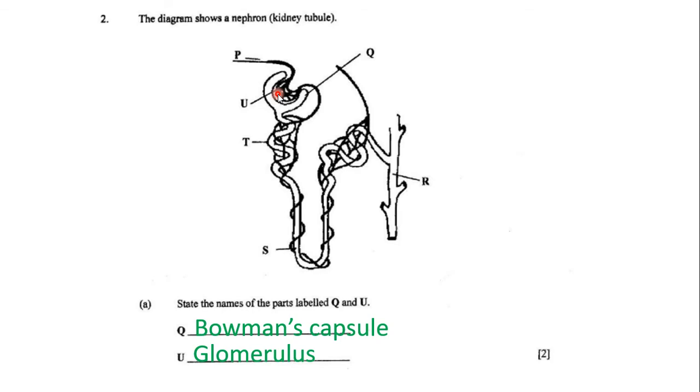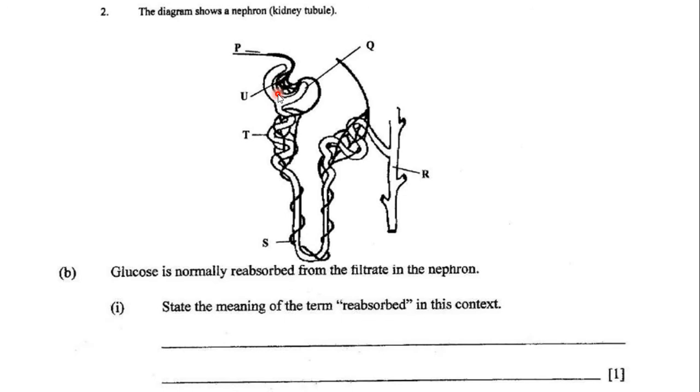Okay, so with that being said, let's move on to part B. Now, part B states that glucose is normally reabsorbed from the filtrate in the nephron. State the meaning of the term reabsorbed in this context.